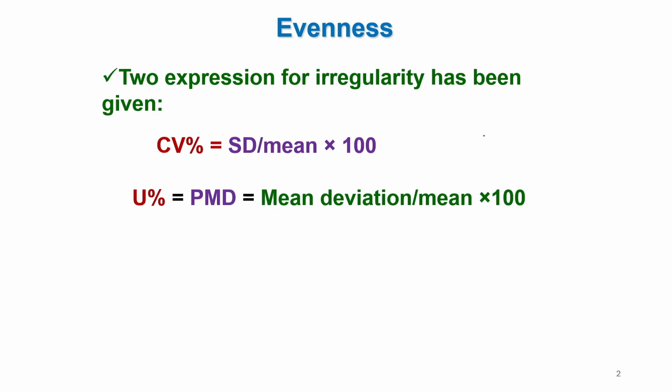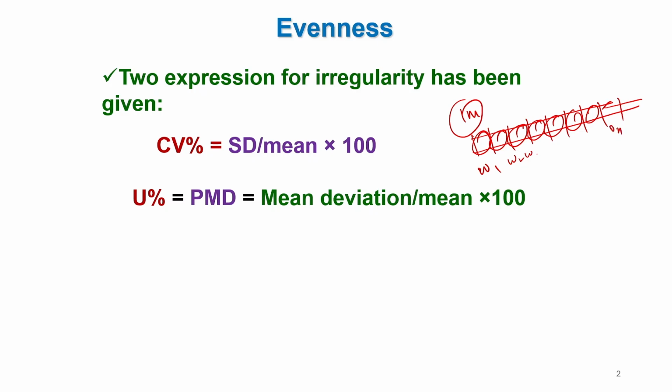If we take a sliver and cut it at a certain length, say 1 meter, and get the masses W1, W2, W3 up to Wn, and calculate the standard deviation, we get the CV%.